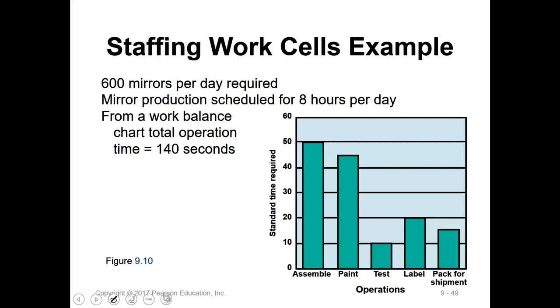If you look at this sheet, this is 50 and 40, and then 10. The next one is 20 and 15. You add all of the 5 procedures together, it is 140 seconds. So this is the operation time.